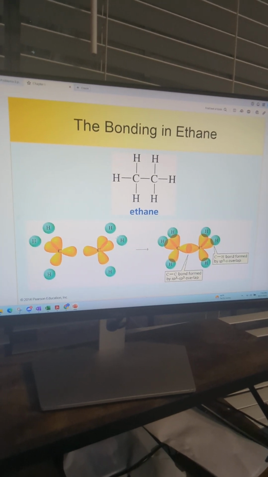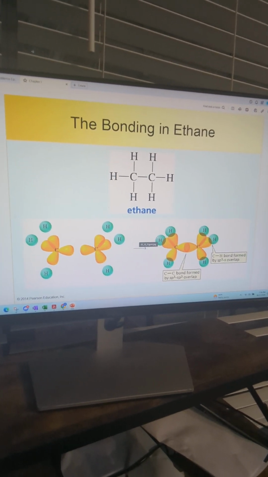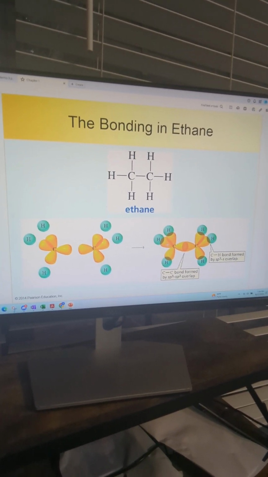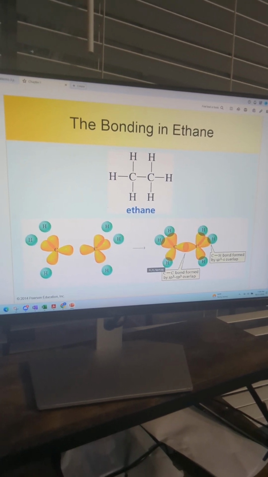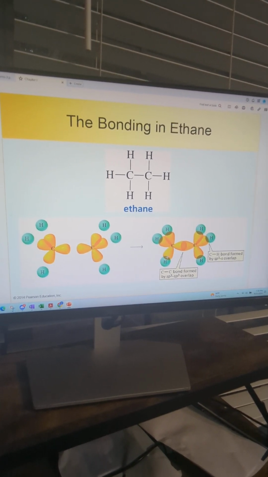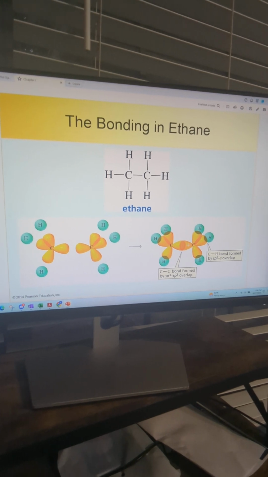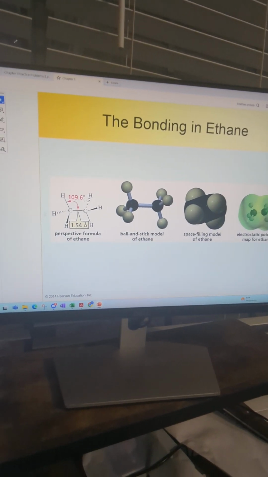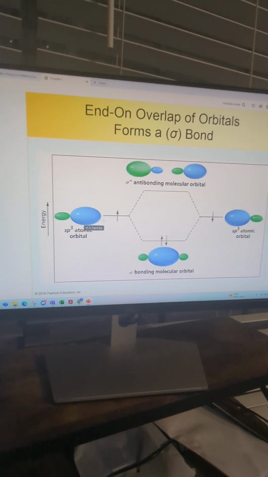So this is one more good example of how carbon-carbon single bonds form with sp3 hybridization. One thing to remember is that the bonds between carbon and hydrogen are sp3-s overlap, and the carbon-carbon bond is sp3-sp3 overlap, and the bond angle is 109.5.